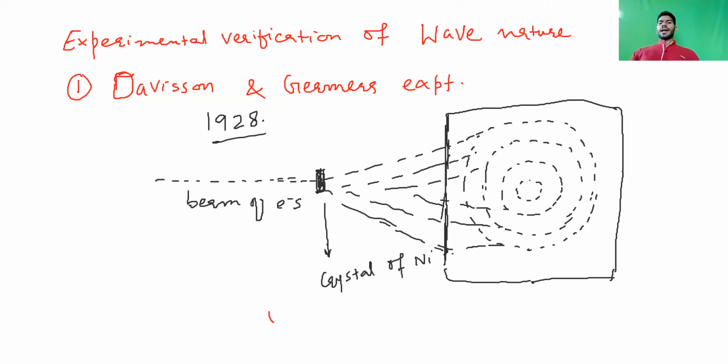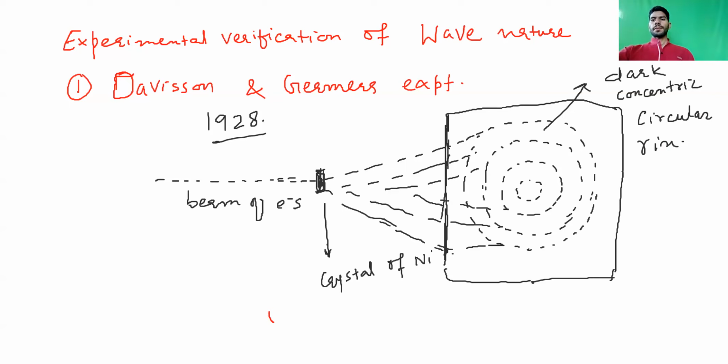They observed that we get a diffraction pattern, which consists of dark concentric circular rings, known as diffraction rings. It is simply a diffraction pattern.